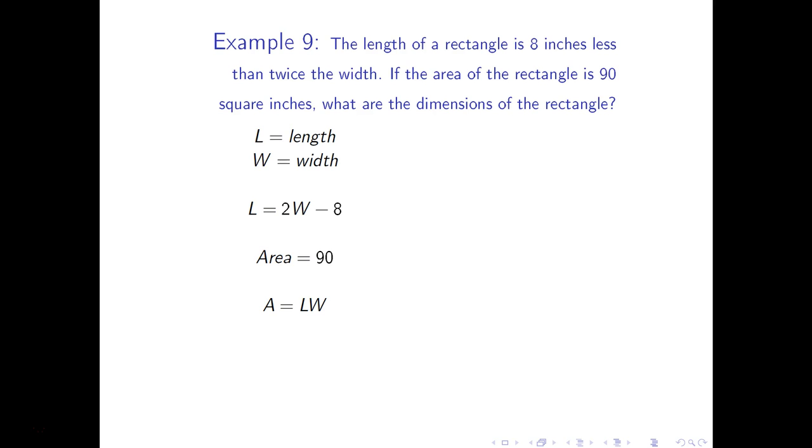Now notice, can I substitute in something for my area? Can I substitute something in for my length? If I do that, I have an equation that has one variable that I can solve. So I want you to pause the video and solve that equation by factoring. Welcome back.